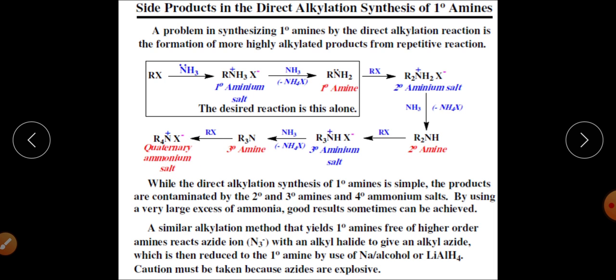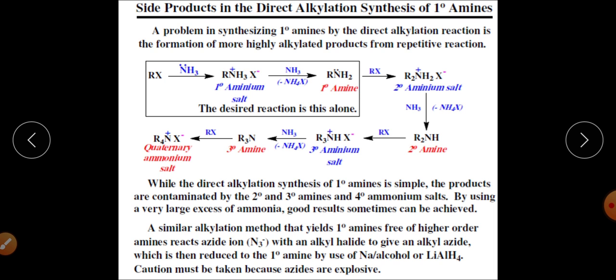So this is the serious limitation of this reaction: we get polyalkylated product, meaning polyalkylation will happen, and generally primary, secondary, tertiary as well as quaternary ammonium salt will be obtained, and we get a mixture of products.